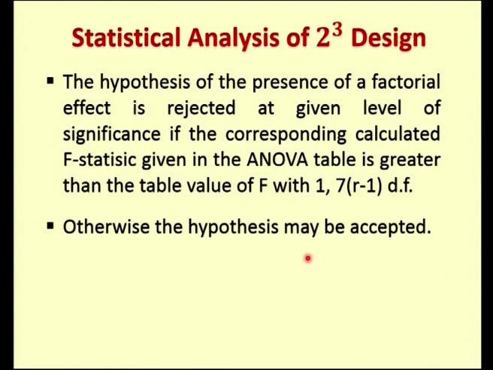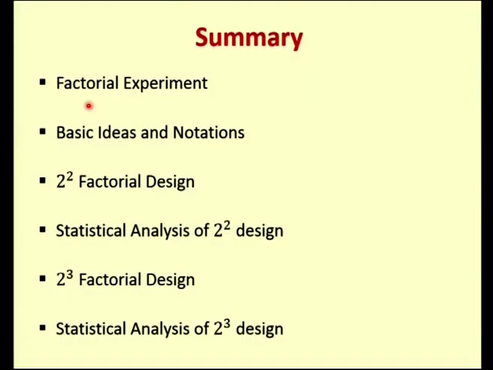And based on our discussion, the summary is that we have discussed the factorial experiment and the basic idea and notations about it, and also we discussed the 2 power 2 factorial design and its statistical analysis, and the 2 power 3 factorial design and its statistical analysis.